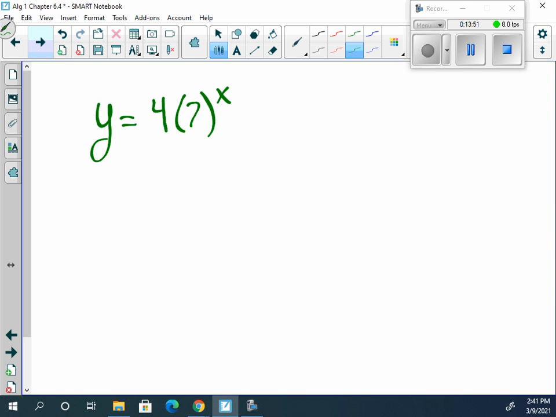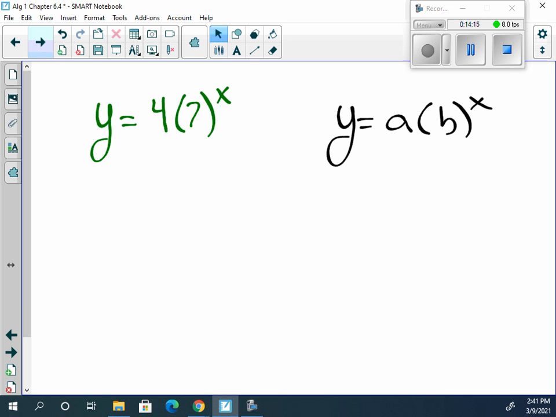Is this an exponential function? Well, what is our exponential function? A times b to the x. Would we consider this, 4 times 7 to the x, to be an exponential function?